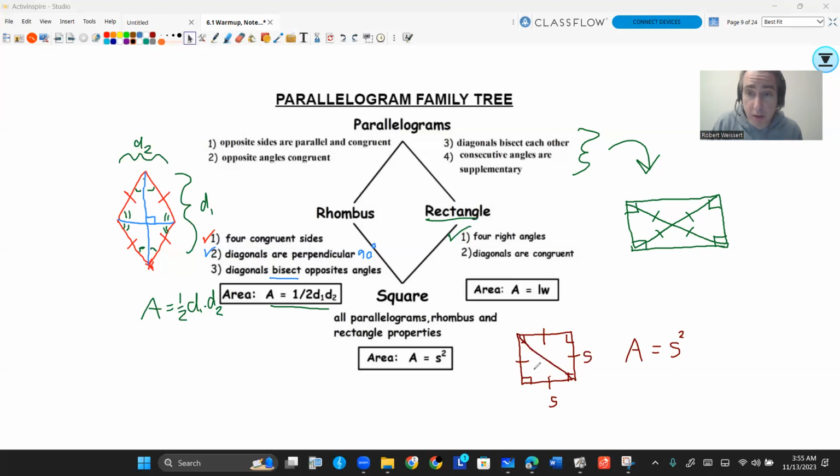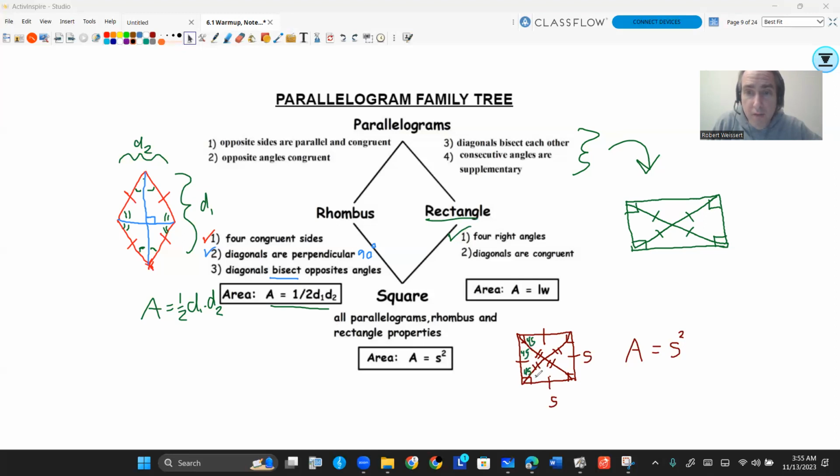So the nice thing about a square is diagonals are congruent to each other. They bisect each other. And all these angles here as a result are going to end up being 45 degrees because they're just half a 90, right? Everything gets cut in half.